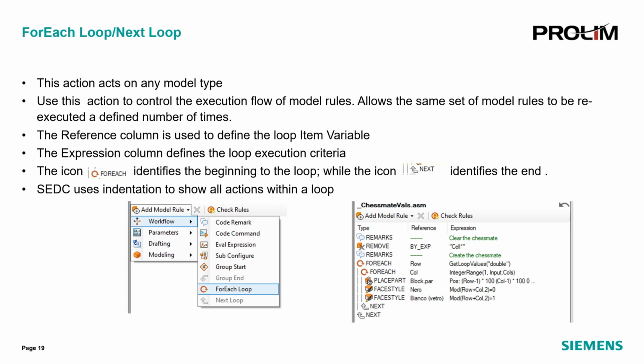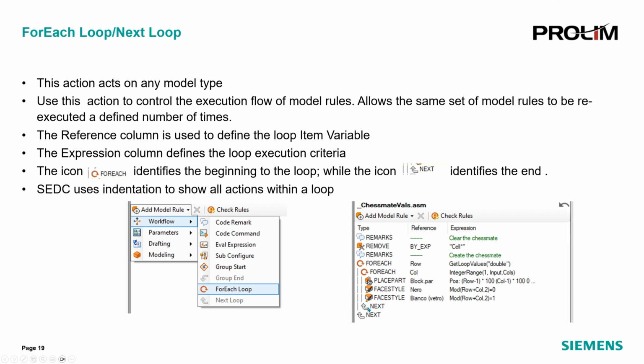A really important thing to note here is that if you're using a for each loop, it has to end with the next loop. As you can see from the screenshot here, for each loop of this row, I have ended with the next loop here, and for each row of this column, I have ended with the next loop here.